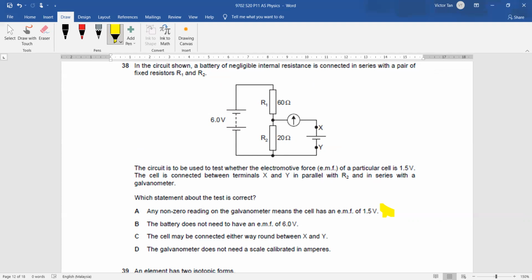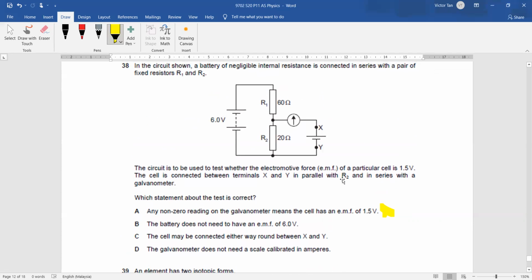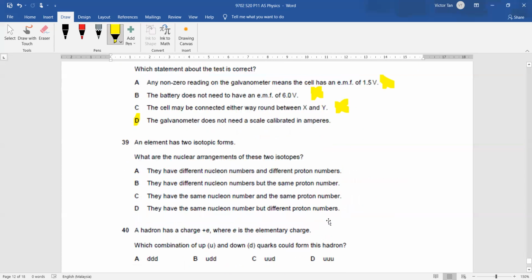Just need to be near 0. Oh no, the cell cannot be connected either way, or else it will be out. It must be connected in this way only. The battery needs to have an EMF of 6 volts, then it can. So the answer is this: it does not need a scale, it only needs to be 0.